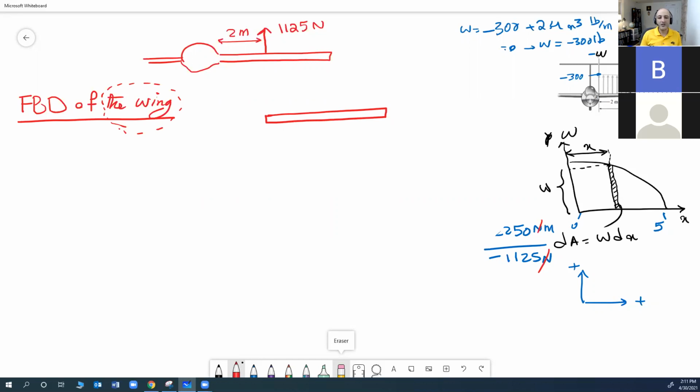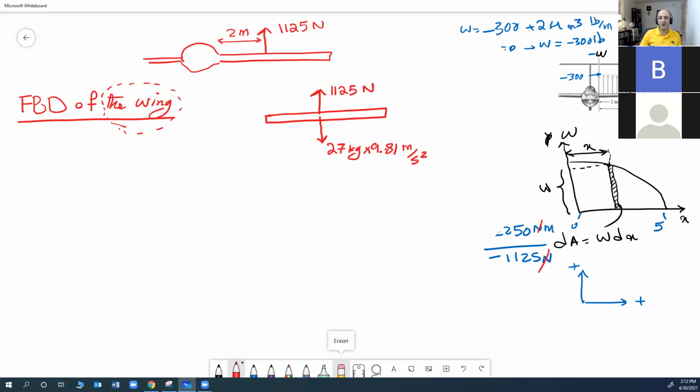Okay. Next step is to put active forces. The active forces that I know is a 27 kilogram multiplied by 9.8 meter per square second. Now it's a force. And I just figured out that 1125 Newton pointing up.